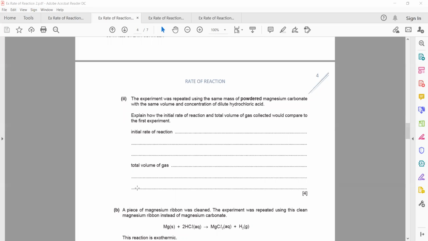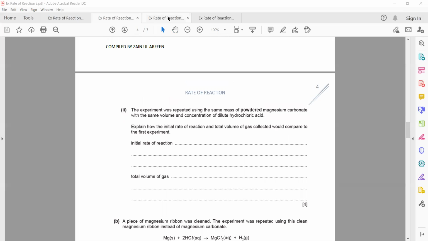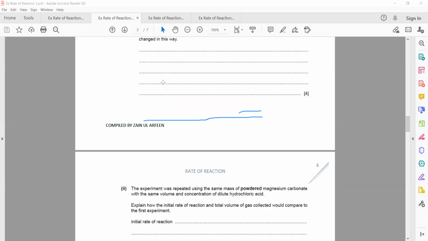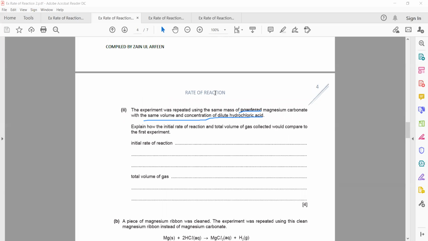The experiment was repeated with the same mass of magnesium carbonate and the same volume and concentration of hydrochloric acid, but this time we have powder.